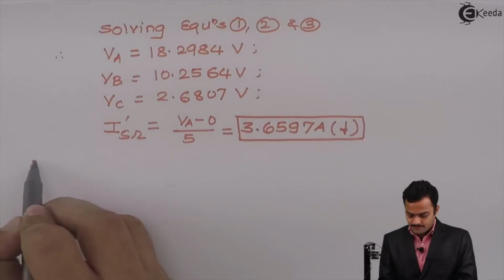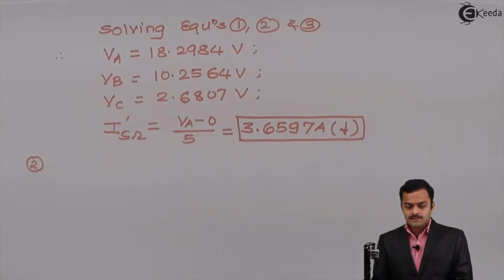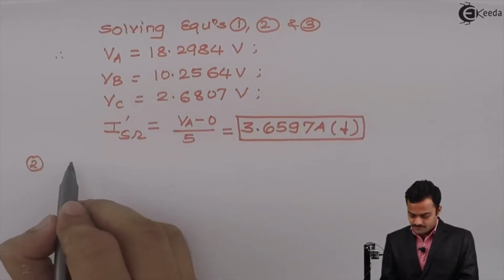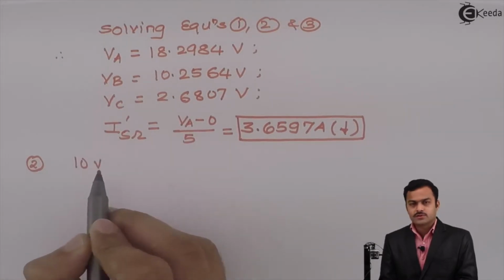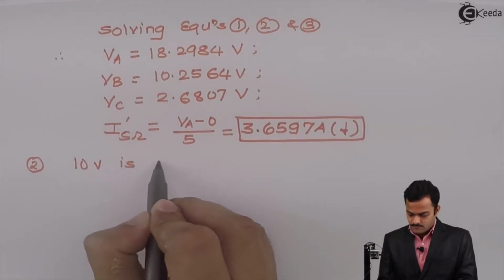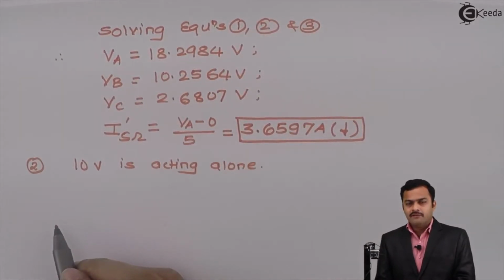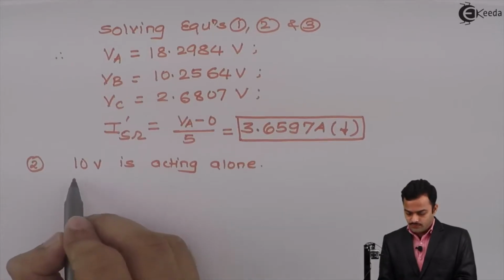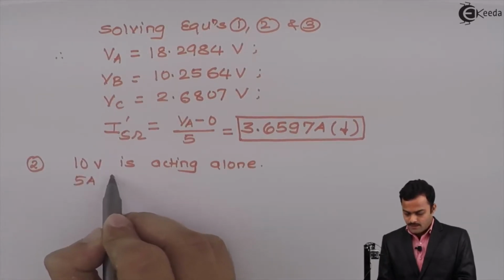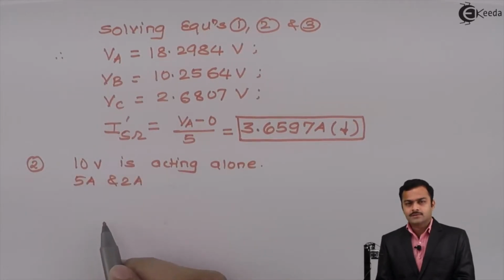Let's go to the second step, and I will consider 10 volt acting alone. So 10 volt is a voltage source which is acting alone, leaving two current sources. So 5 ampere and 2 ampere are the current sources that we need to open circuit.